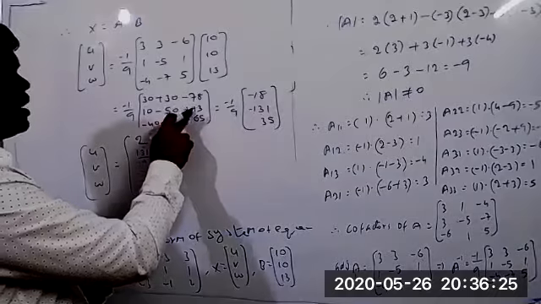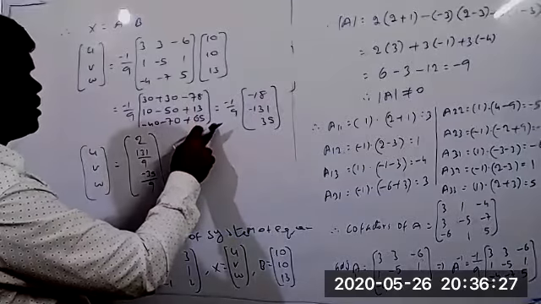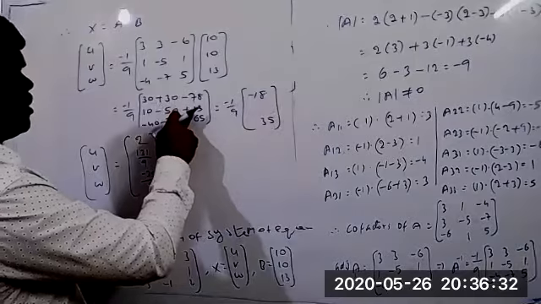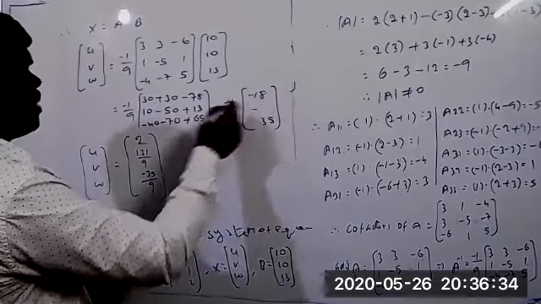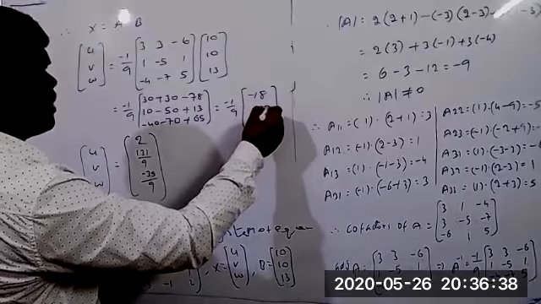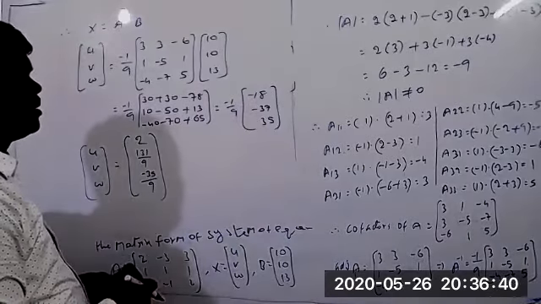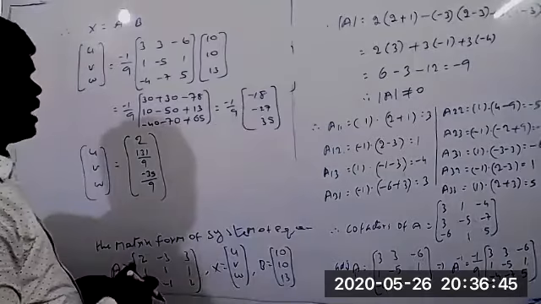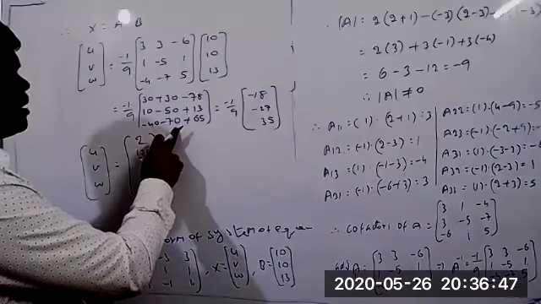And minus 40 plus, what of this value now? Minus 37, 27. So 27. This is equal to minus 110.